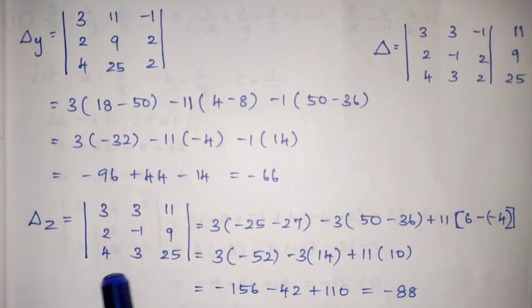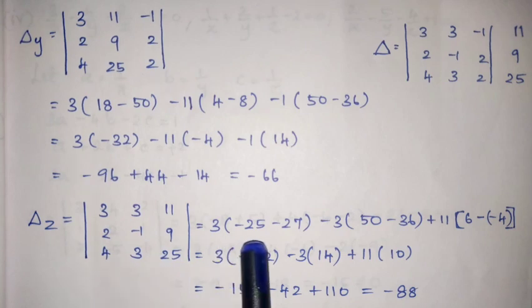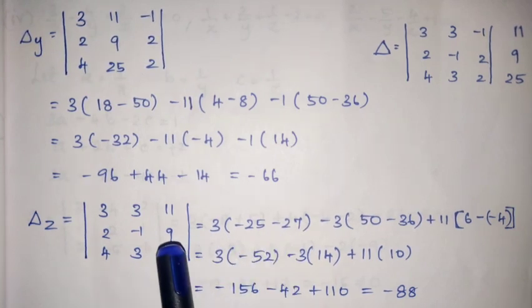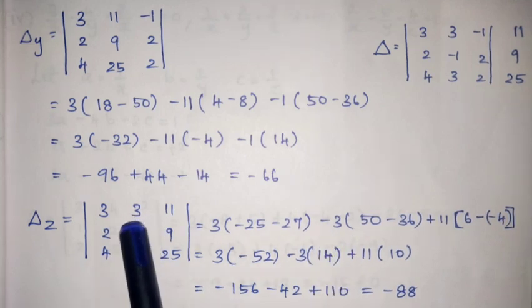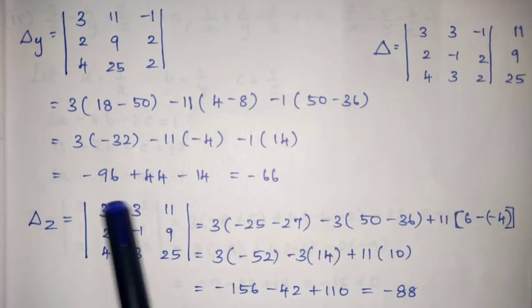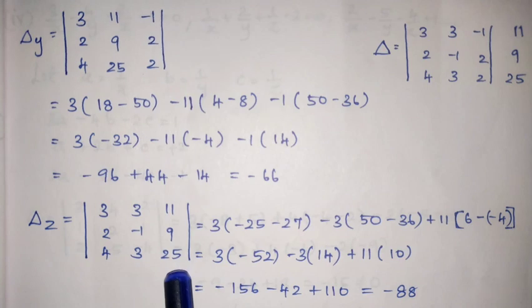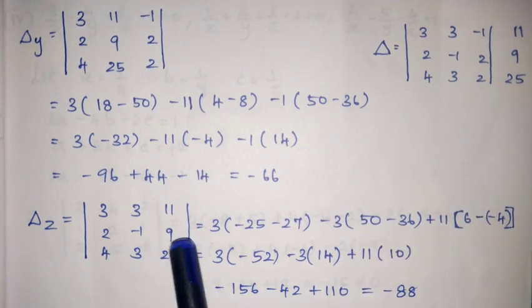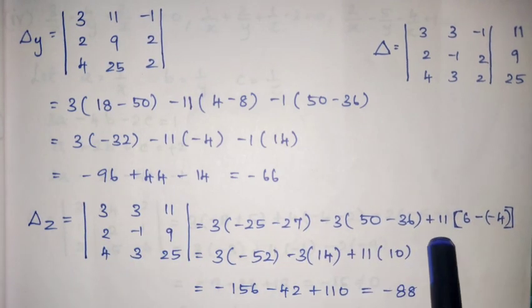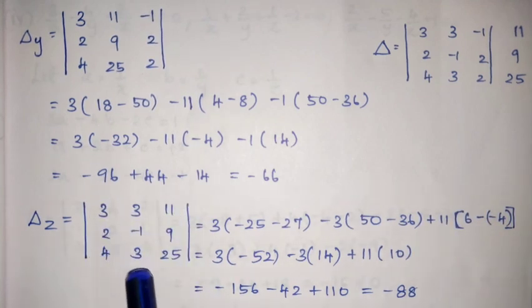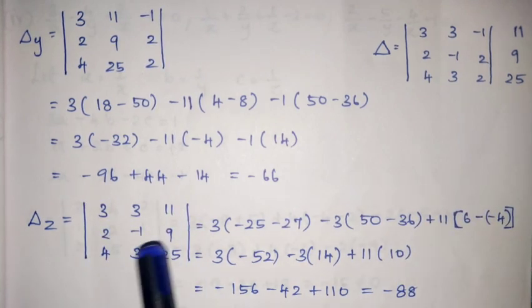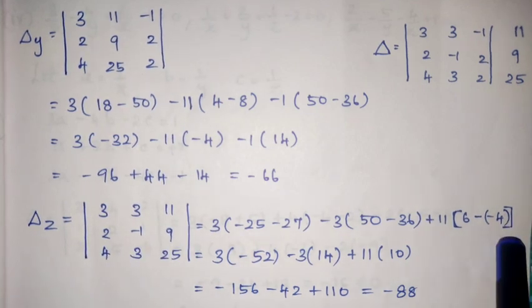3, leave the row and column, minus 1 into 25 is minus 25, minus 9 into 3 is minus 27. So minus 3, change the sign of this element, minus 3, leave the row and column, 2 into 25 is 50, put a minus, 9 into 4 is 36, plus third element 11, leave the row and column, you have 2 into 3 is 6, put a minus, 4 into minus 4 is minus 4.